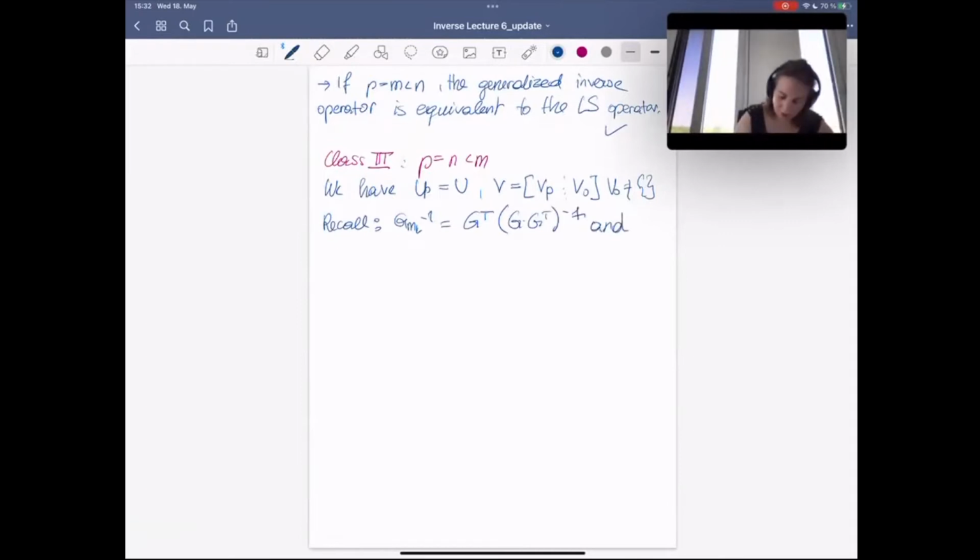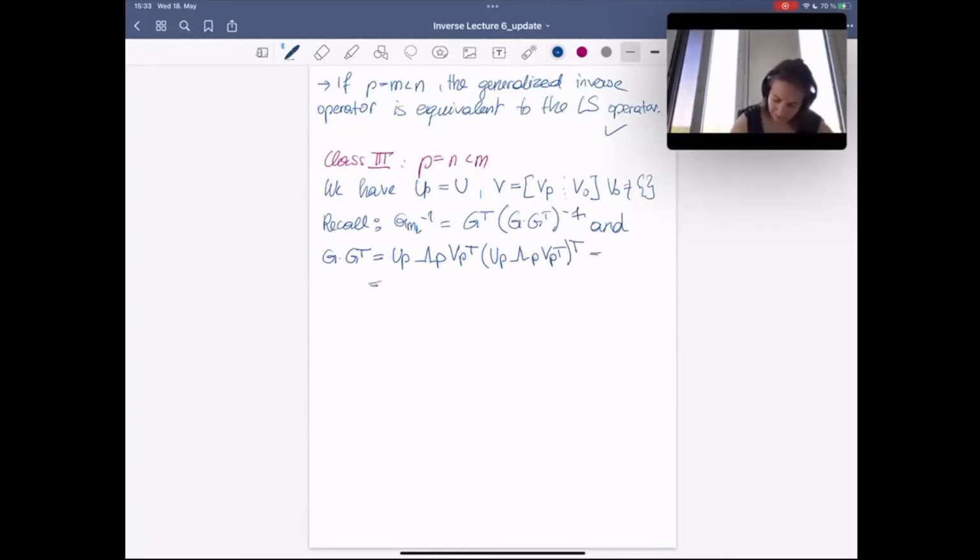And also G times G transpose equals UP lambda P VP transpose times UP lambda P VP transpose.